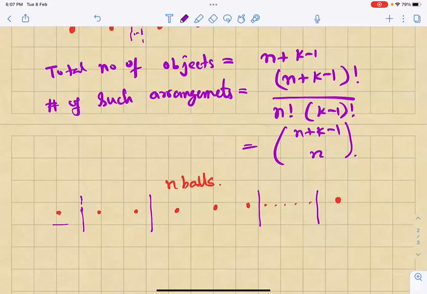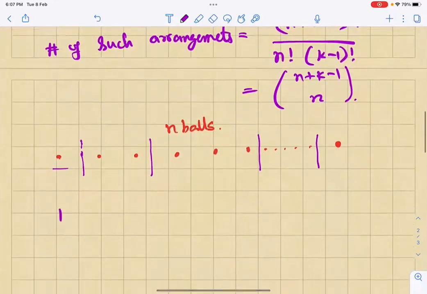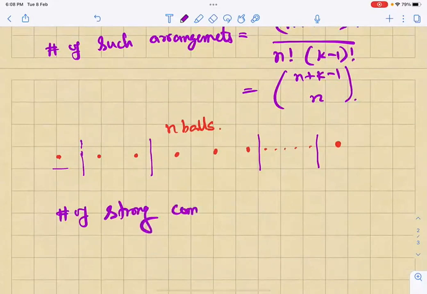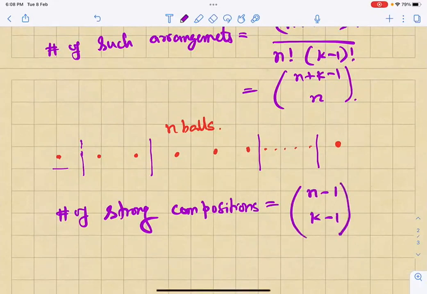I have to choose those k minus 1 gaps from those n minus 1 gaps that these n balls have created, right? So the number of strong compositions is n minus 1 choose k minus 1.